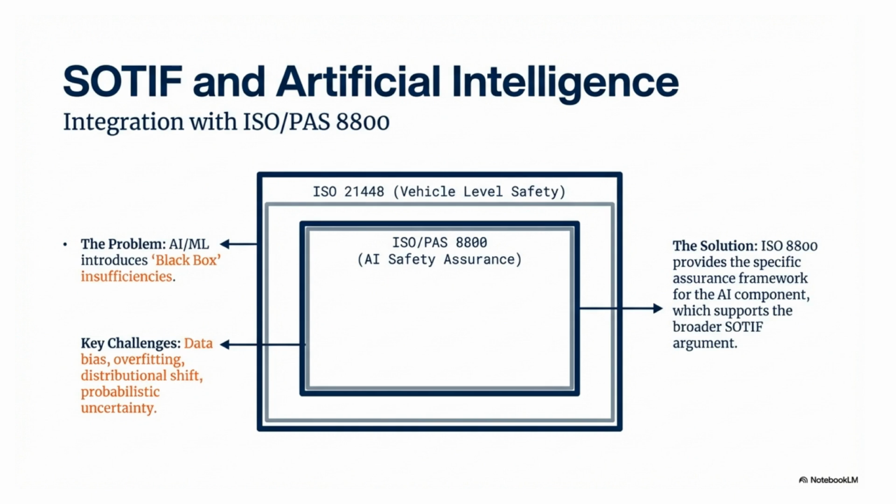This involves a dedicated dataset lifecycle, the dataset V model, ensuring that our training and validation data are representative, complete, and free from bias. We decompose our vehicle-level SOTIF goals into specific AI metrics, like maximum allowed classification errors or, quote, ghost detections. By bridging these two standards, we can build a robust argument that our AI models are safe, robust, and reliable in the field.